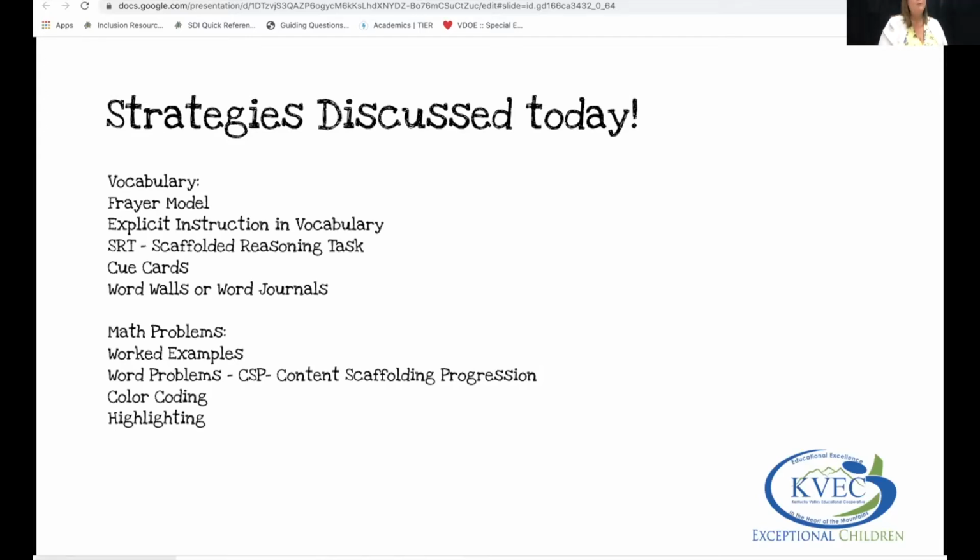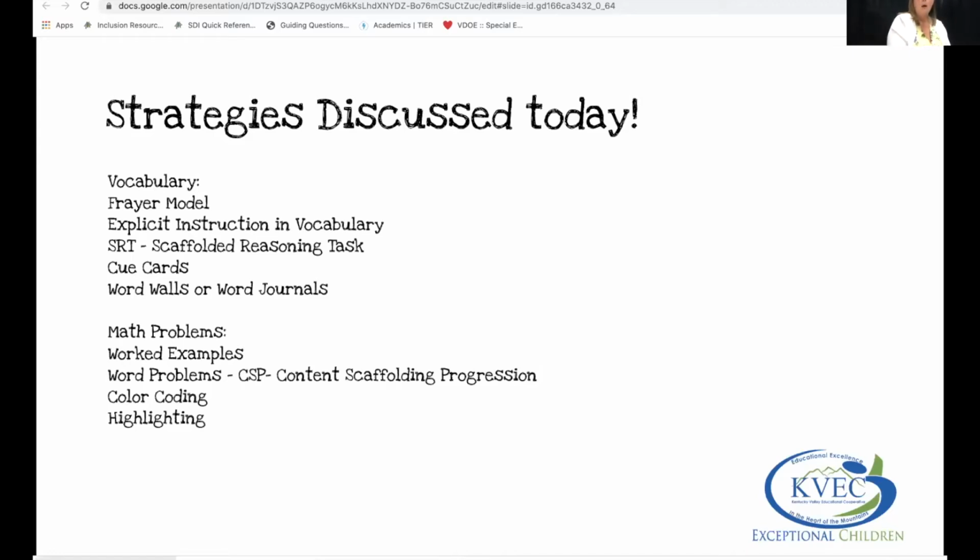That's the only time they're going to get this math vocabulary, when it's content specific, especially like it is in math. A lot of the things that we do in science, they may still use that vocabulary in everyday language. Some of the stuff that they do in social studies, they may still use in everyday language.